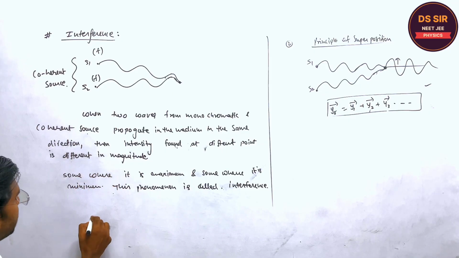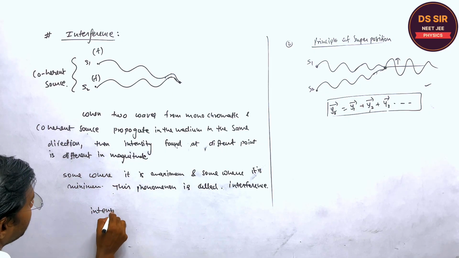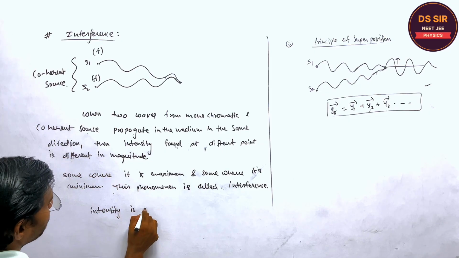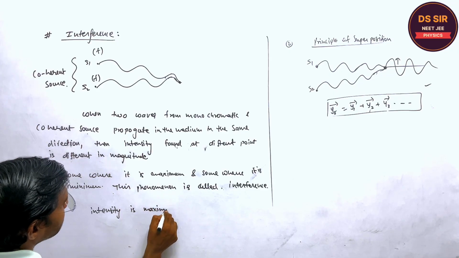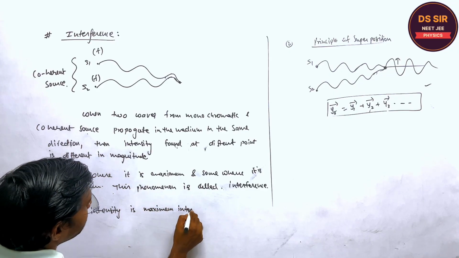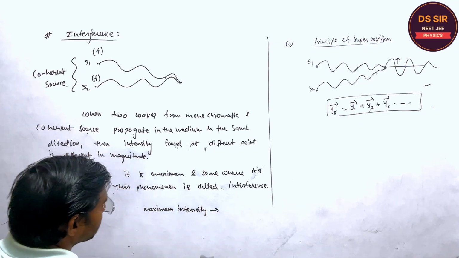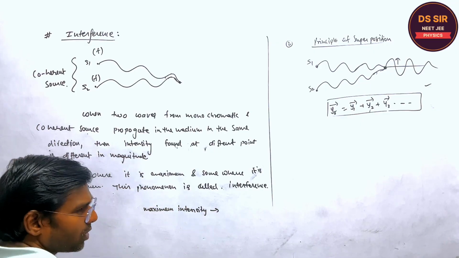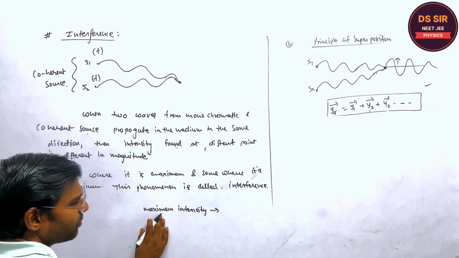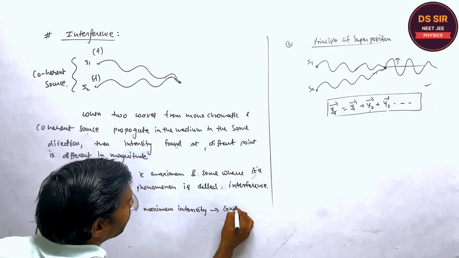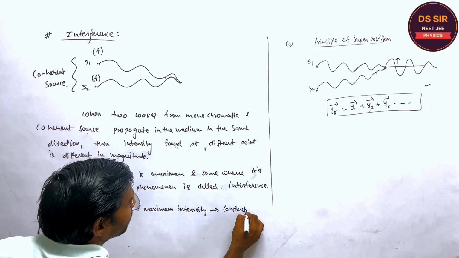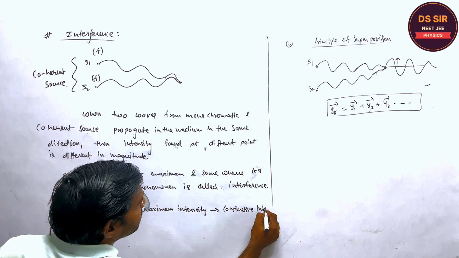Where the intensity is maximum, that type of interference is called constructive interference.